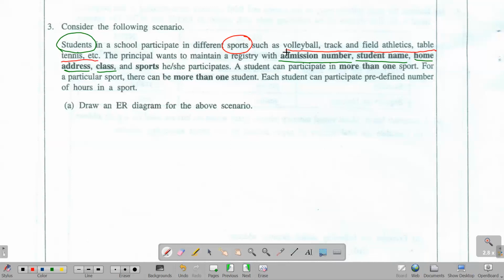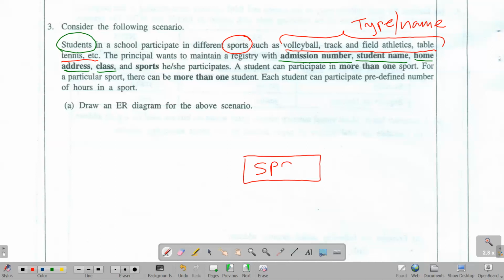Right? These indicate the type or the name of the sport. So that is going to be the attribute, not the volleyball, track and field, table tennis, those kind of things, because we have to write around the sport entity.